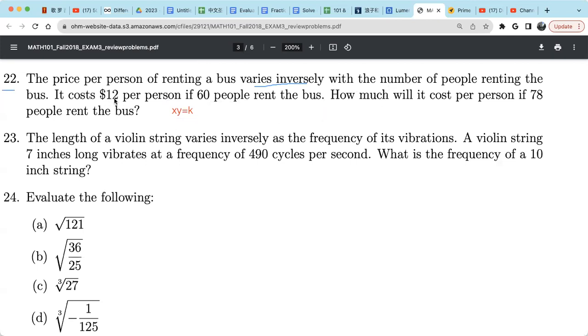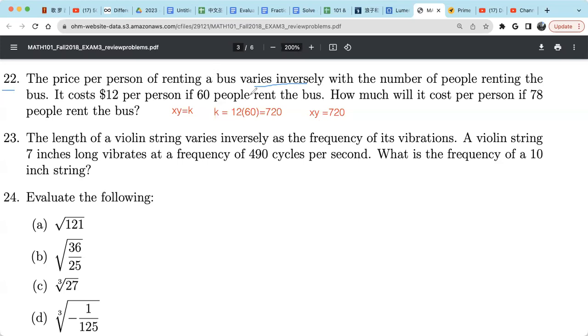It costs $12 per person if 60 people rent a bus. That means k equals 12 times 60, which is 720. So our formula is x times y equals 720.